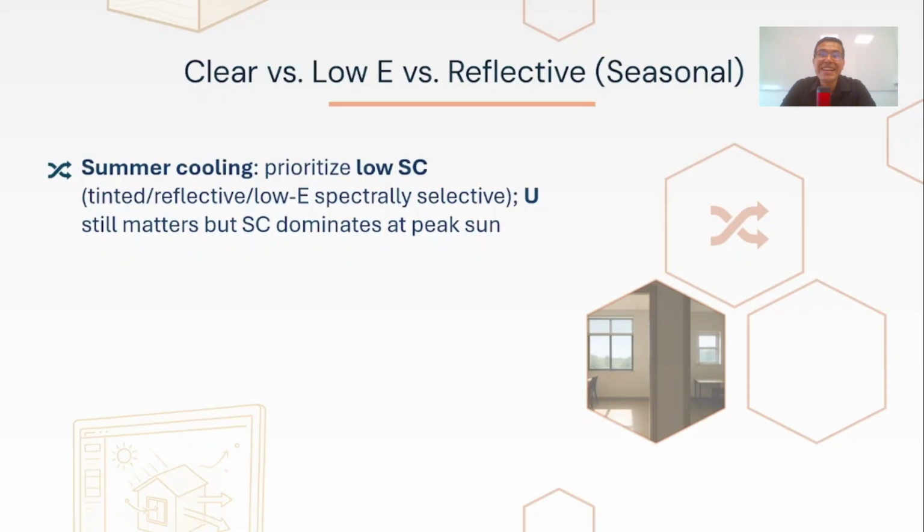You'll want to prioritize glazing with a low SC, like a tinted, reflective, or spectrally selective low-E window. This is especially true for west-facing windows, which get hit with the most intense afternoon sun. While the U value still matters, focusing on lowering the SC will give you the biggest bang for your buck in reducing your peak cooling load.